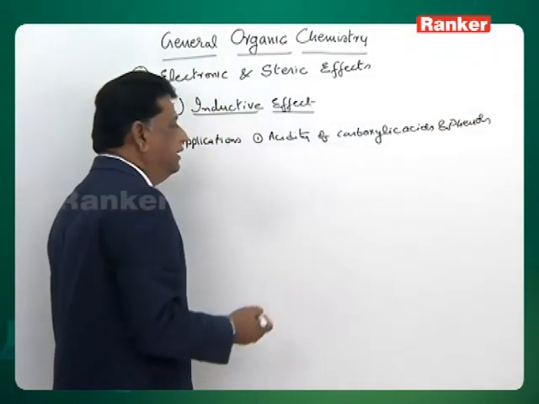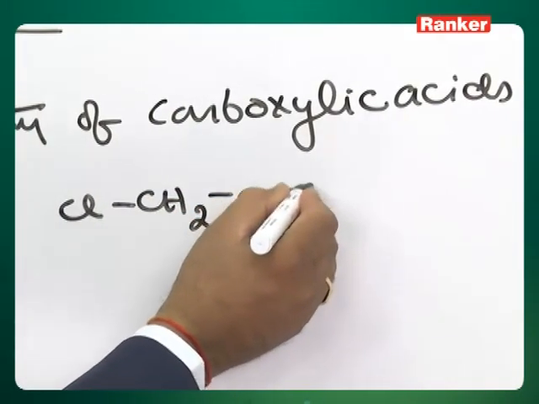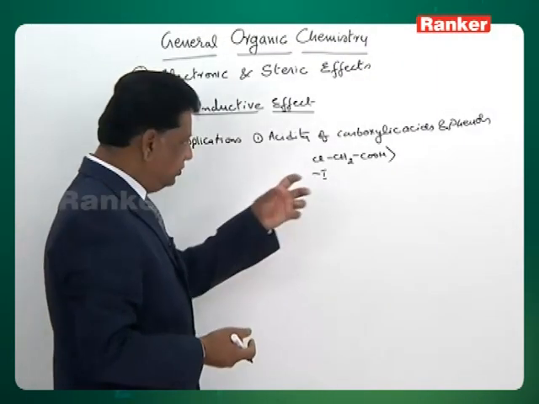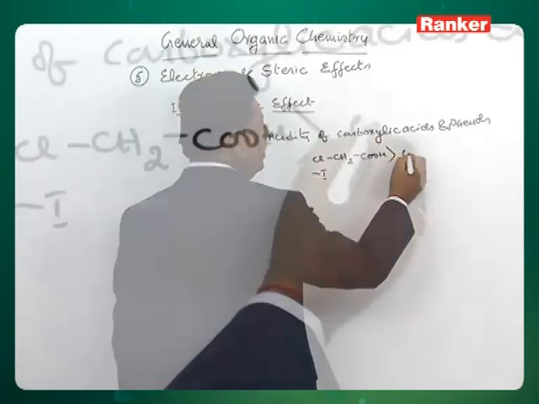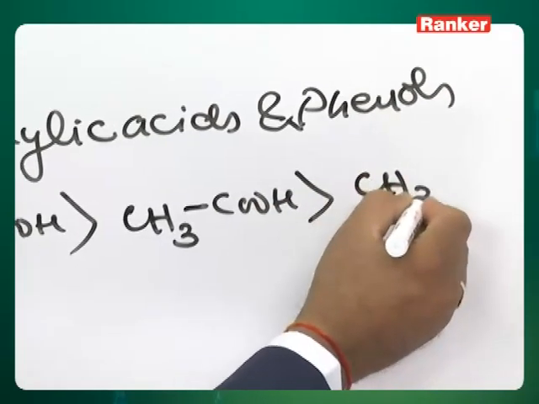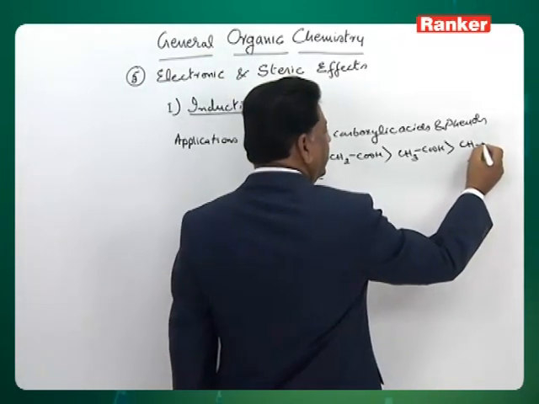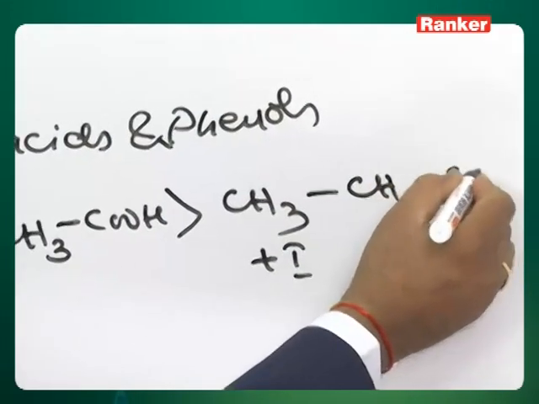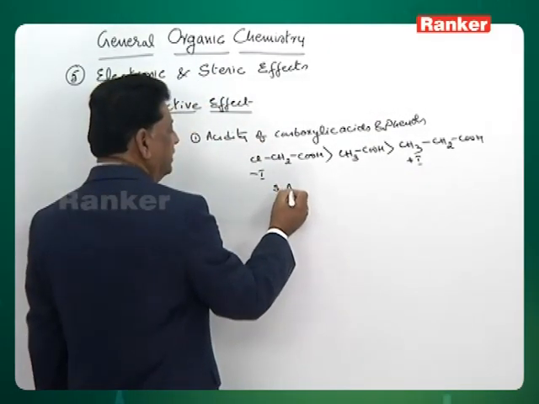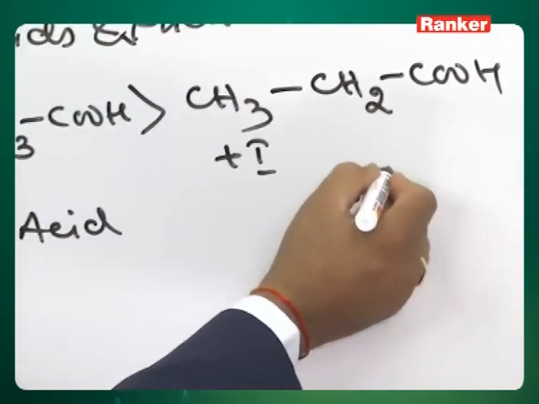If there is a withdrawing group in a given acid like acetic acid, a stronger -I group increases the acidity when compared with a normal acid. And when a +I group is there on acetic acid, it is called propanoic acid, and it will be the weaker one.